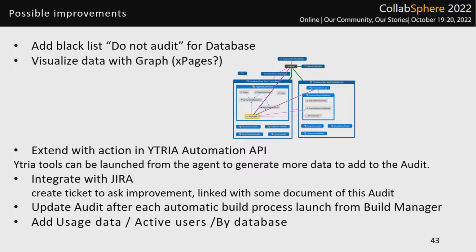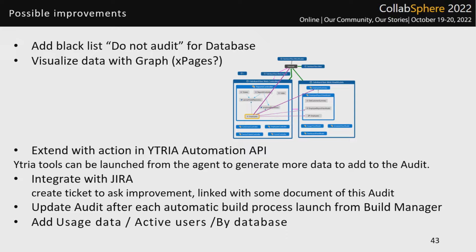We can automate this because this customer is a proud user of the Ytria tools. We want to integrate the document view with an action, to create a ticket in Jira or a ticket in a dedicated database for ticketing, so we can address some problems we identified.